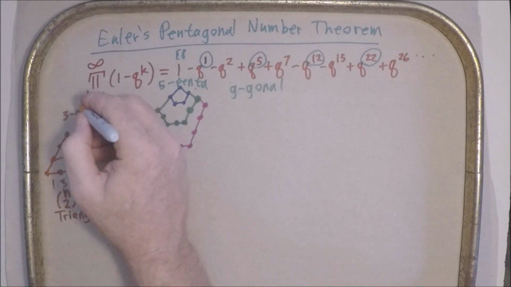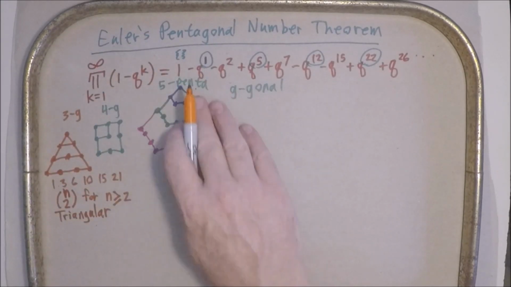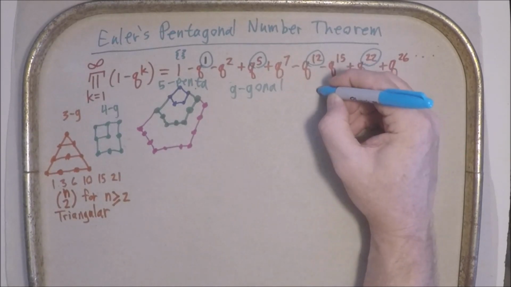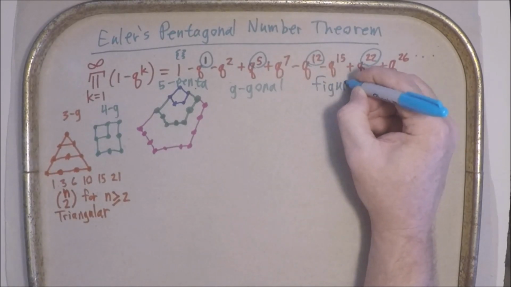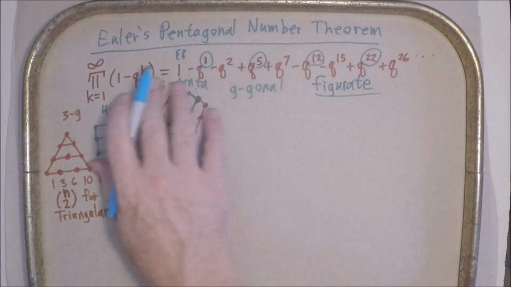These come in everywhere, but anyway, we're going to be talking about the pentagonals and other figurate numbers, or, well, I just said it, G-gonal, and sometimes folks will say figurate numbers, and there's a little bit of confusion, but it scarcely matters.